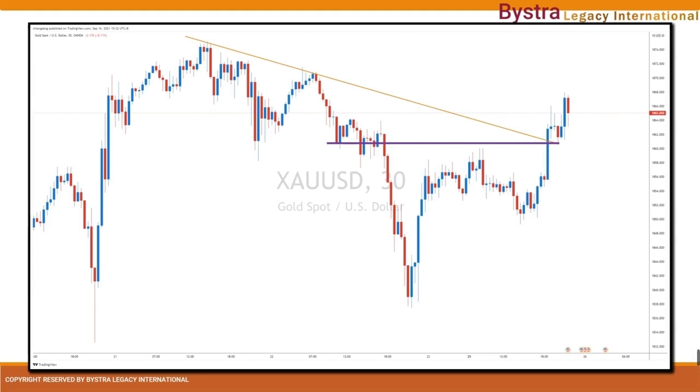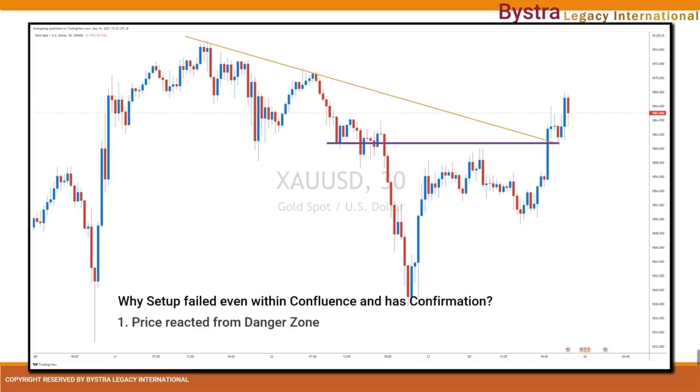Remember guys, when the price reacts from a danger zone, there is a reason why it is named a danger zone. So once it has reacted from a danger zone, any setup that you have, any perfection within the confluence, any confirmation will become very high risk. So here I'm going to mark it one more time.